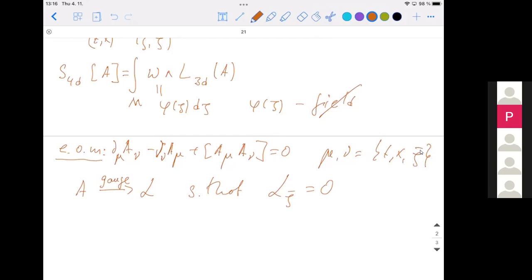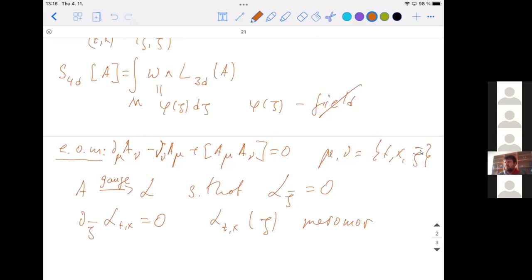This is 0. That means that since zeta bar is the complex conjugate of zeta, we can say that L depends on zeta meromorphically. So that is the main setup actually.